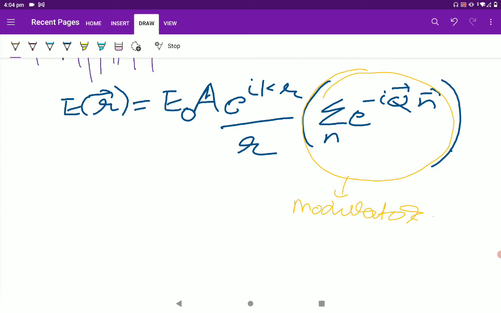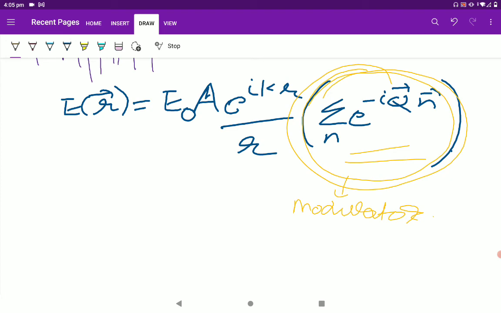This term describes the interference between all the atoms. If we analyze this, we will see in which direction we have constructive interference, that is a peak of diffraction, or not. All the problem of understanding diffraction is to calculate this quantity. This quantity itself also gives the intensity at different angles.